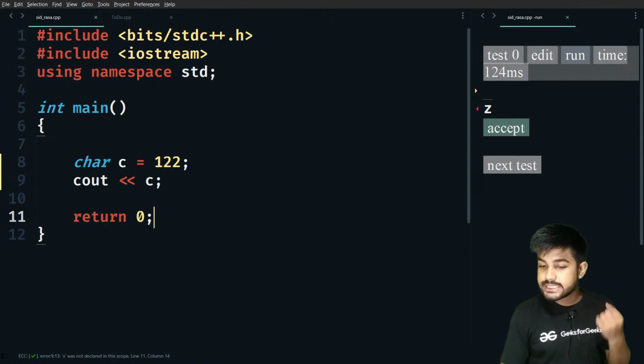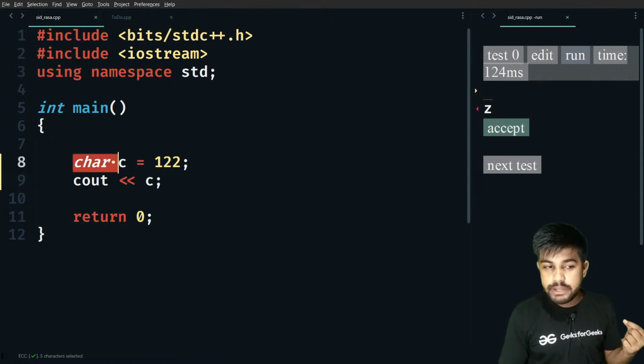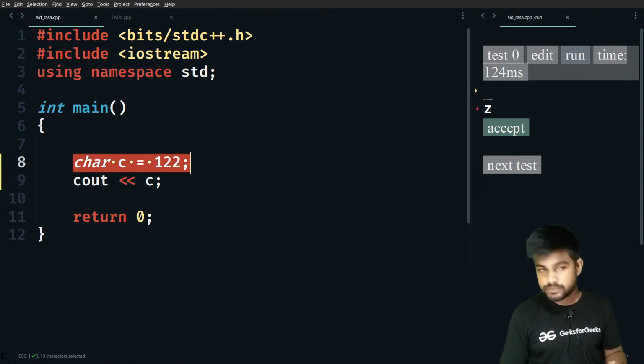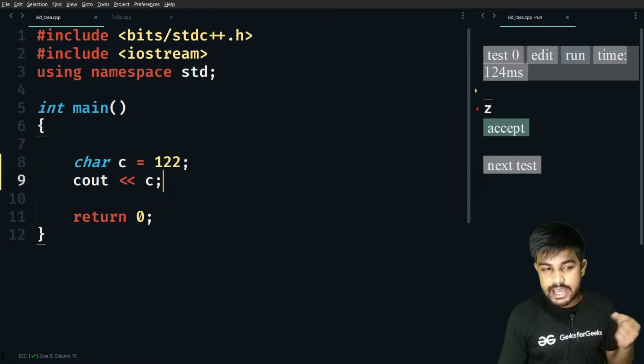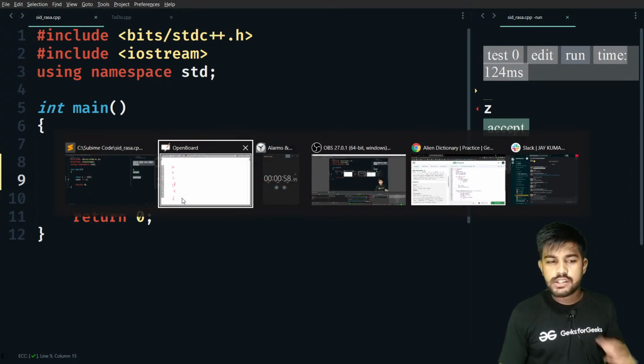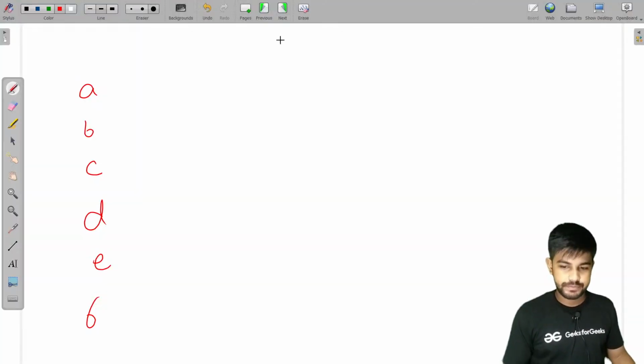Even we can play with the same thing. If we assign the ASCII values to the character, it would behave the same way. So we would take advantage of this one only. So this performs the same thing. So we would move forward.